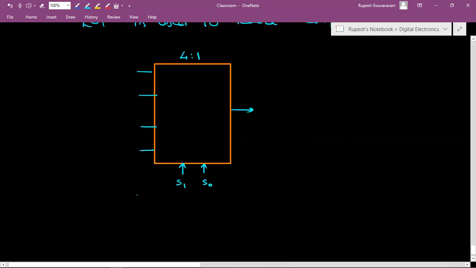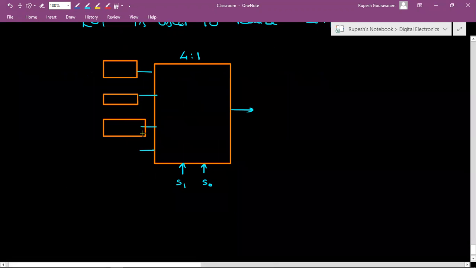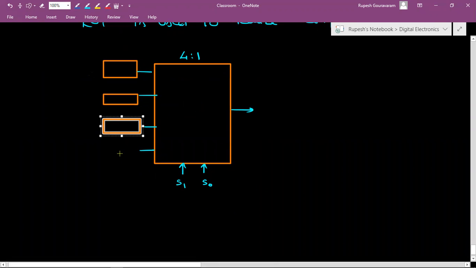Now for this mux, we add 4 SRAM, static RAMs. One here, second one here, third one here, and fourth one here. All the 4 are the same; I may have drawn them in different shapes, but the 4 are the same.